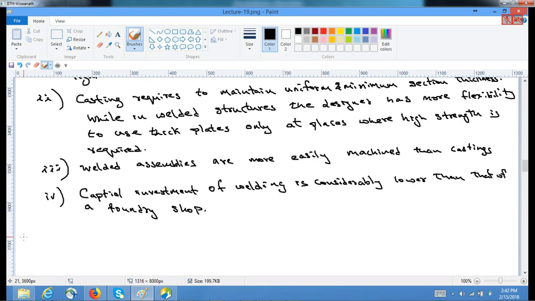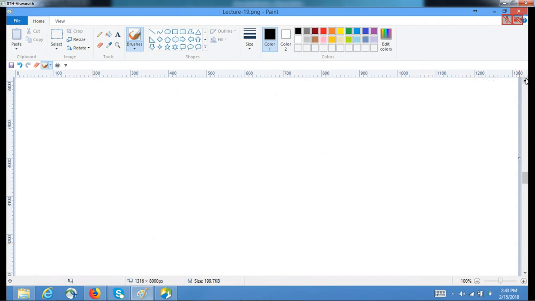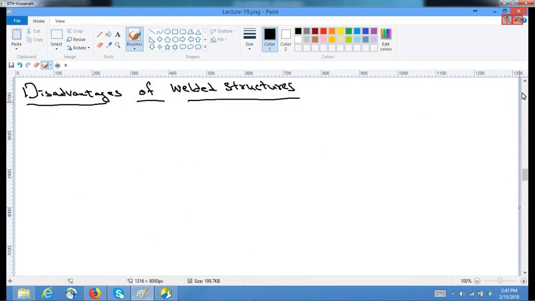There are also certain disadvantages of welded structures. So those disadvantages would be: first, they are very poor in vibration.